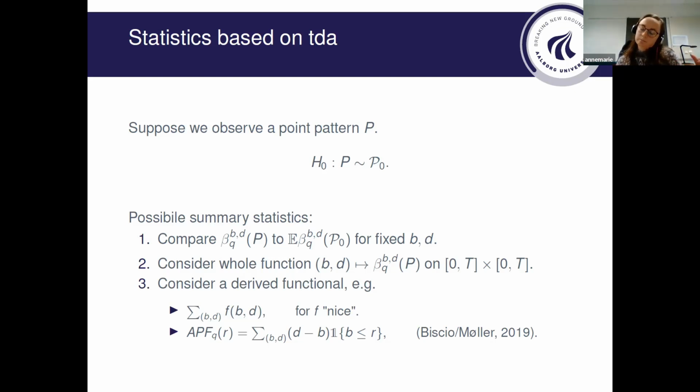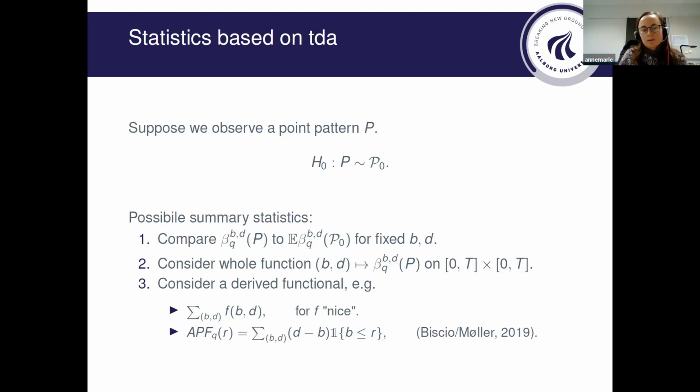But it may be intense computationally, so you can make things a lot easier if you know something about the distribution of your summary statistics. And what we do in statistics is typically we derive some central limit theorem, which tells us that if you have enough data, then your summary statistics is approximately normally distributed. So that's the kind of result I will aim for.